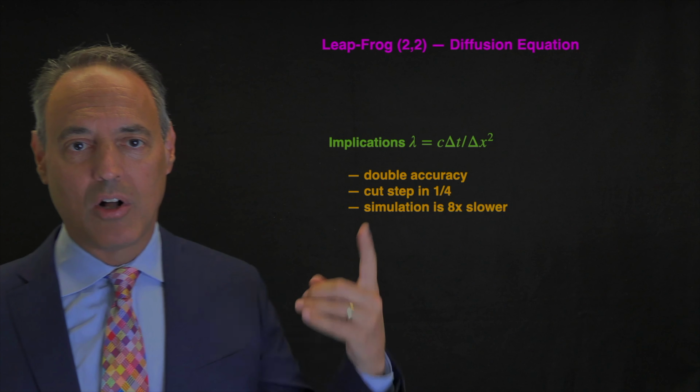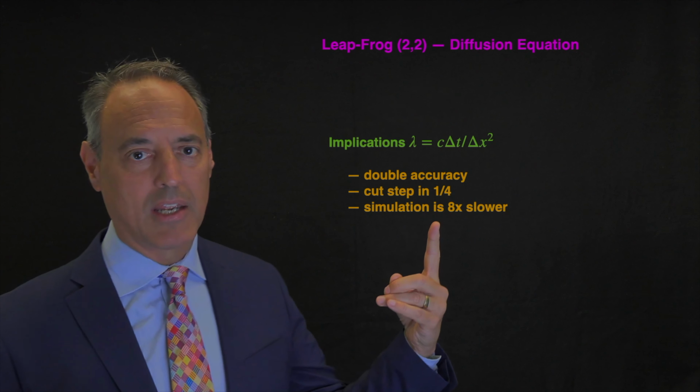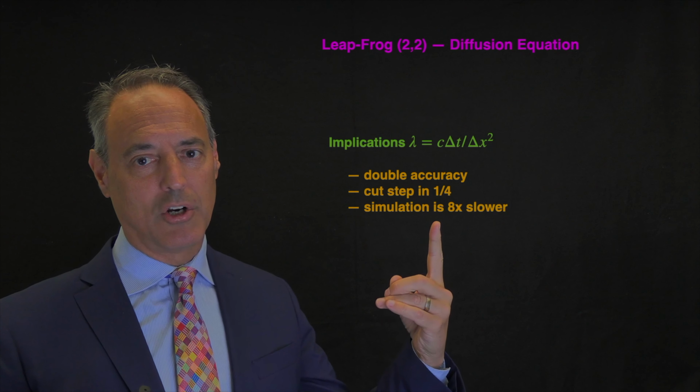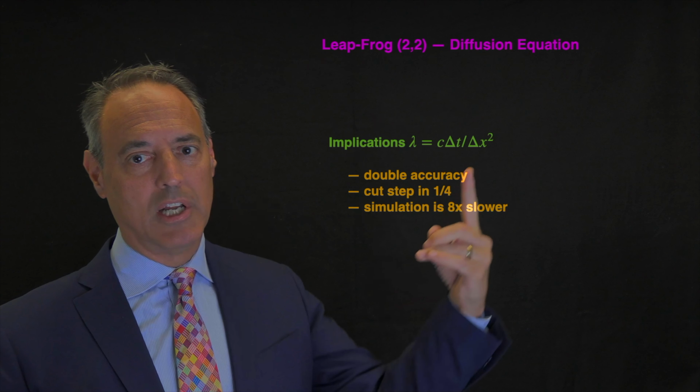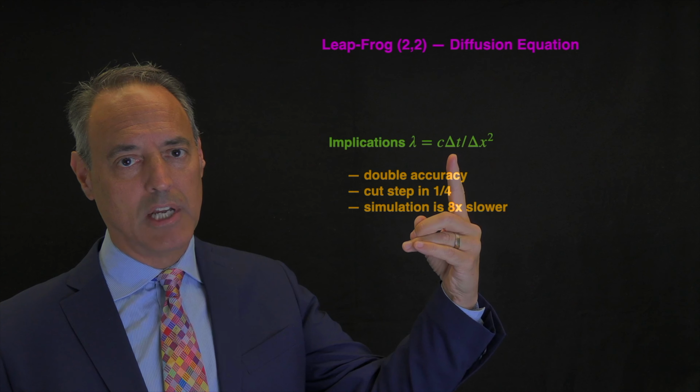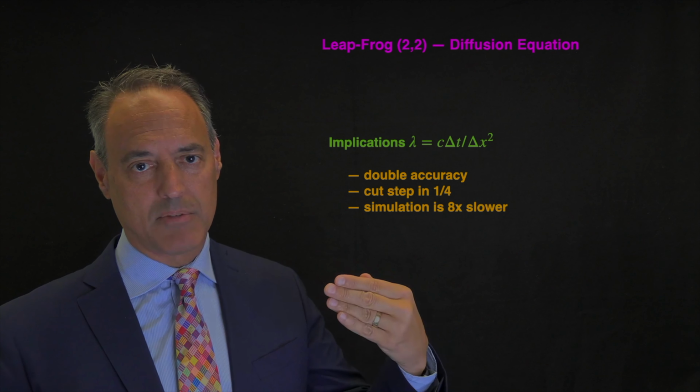So every time you want to double your accuracy, your code's 8 times slower, all because of this CFL restriction right here.